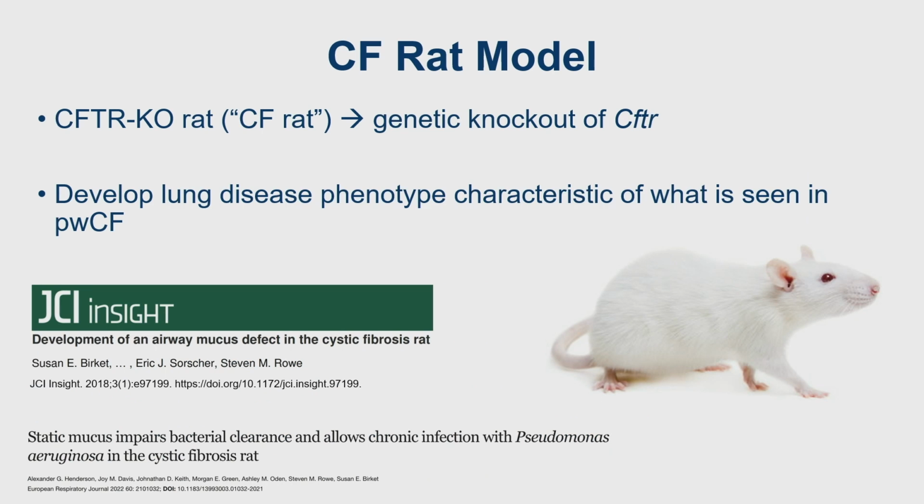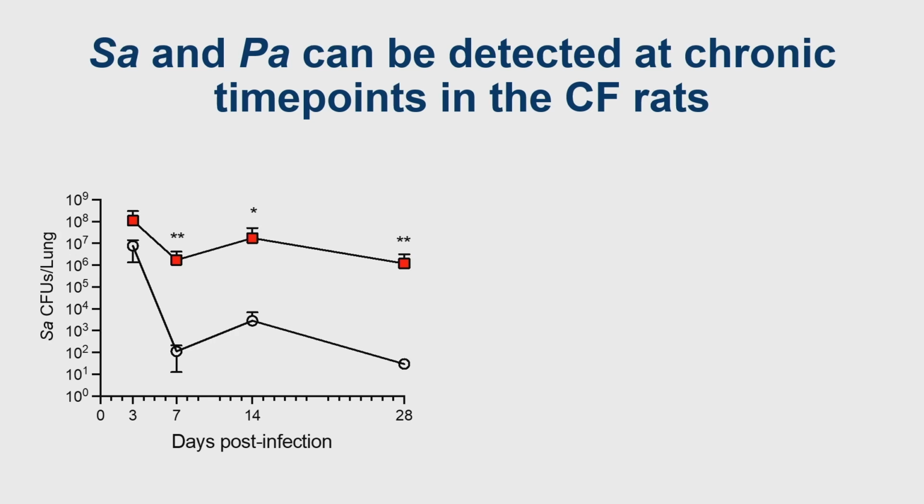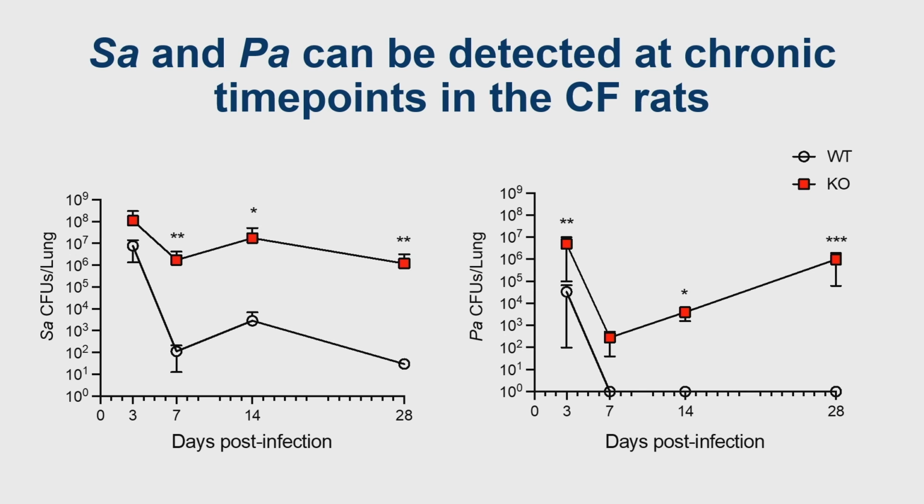My lab has a CF rat model. We have a few CF rat models, but the one I'm going to be talking about today is the CFTR knockout rat, which is simply a rat with a genetic knockout of CFTR. These rats develop a lung disease phenotype that's characteristic of people with CF. What I really want to drive home here is that these rats can withstand chronic infection of both Staph and Pseudomonas all the way out to 28 days, which is certainly chronic.